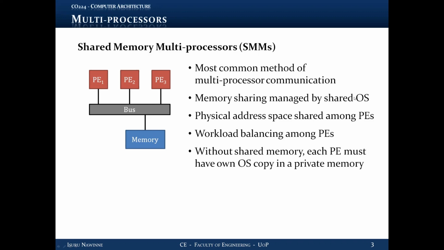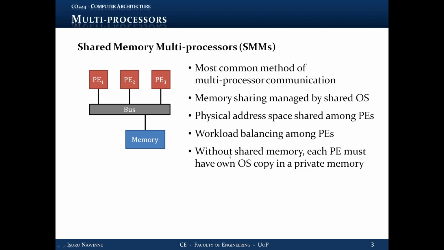And as you know, the operating system itself is a program, so it is also in the memory. The code for the operating system is also in the memory. And since the memory is shared, the operating system is also shared. So any operating system code executed by these processors is coming from the shared memory, and any processor can execute the instructions from the operating system code as well.